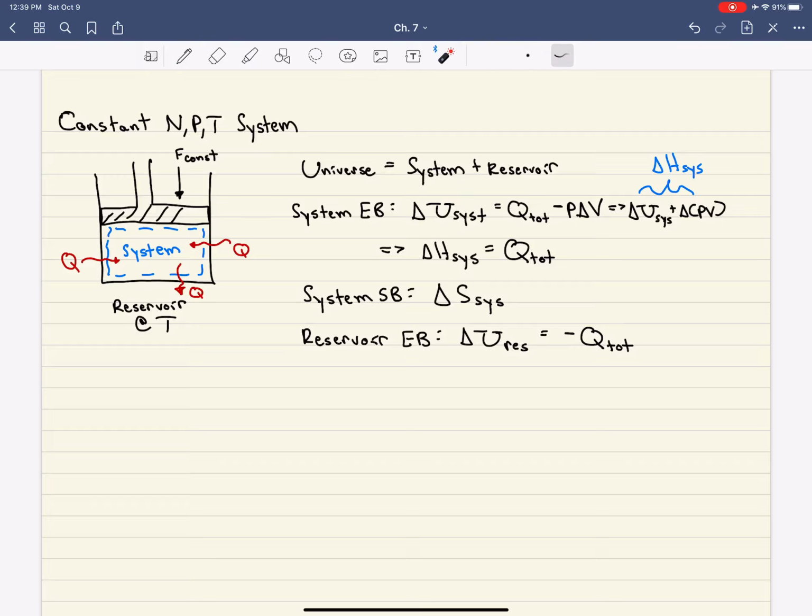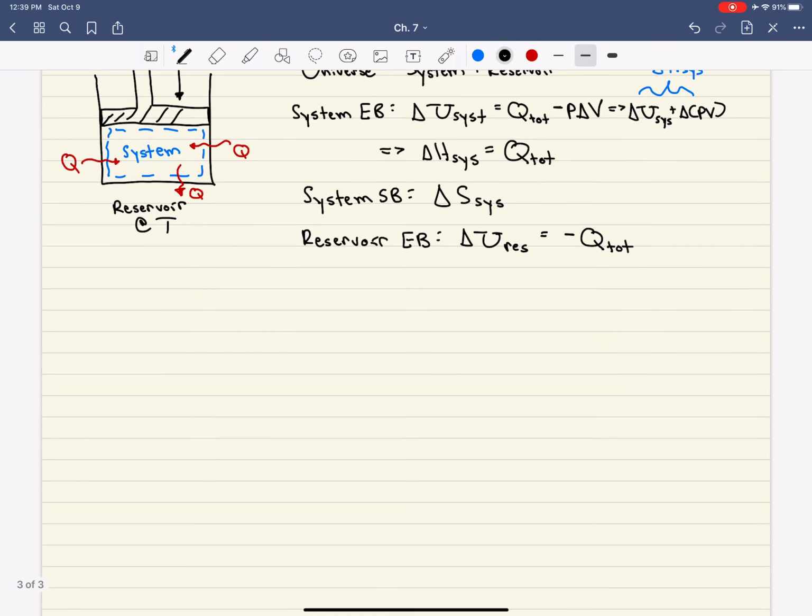Because while the system volume is changing, the reservoir is so big that even if the system changes volume, the reservoir is not affected by that volume change at all. The reservoir is not expanding or contracting, so it doesn't have a significant work term. And so the delta U of the reservoir is equal to negative Q total. There's just a heat term.